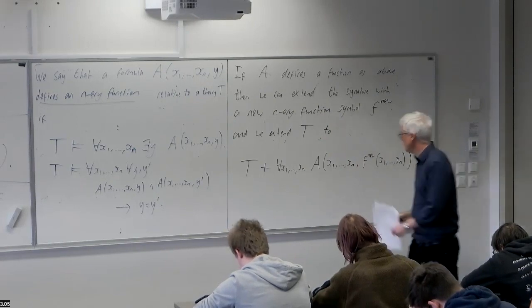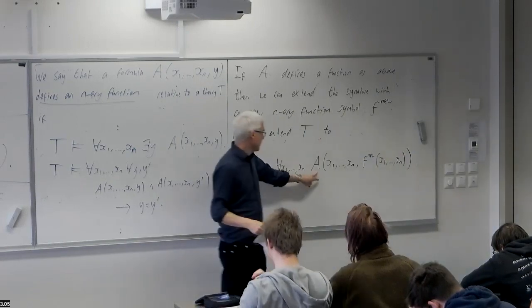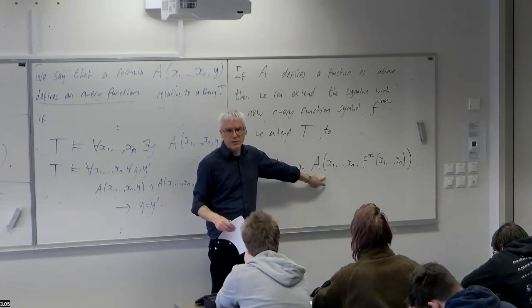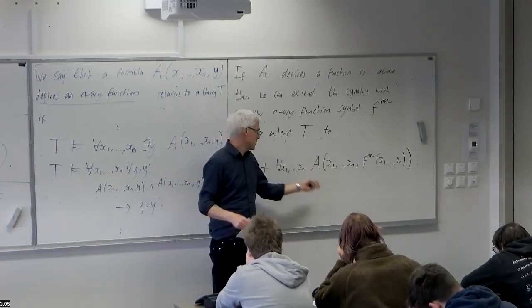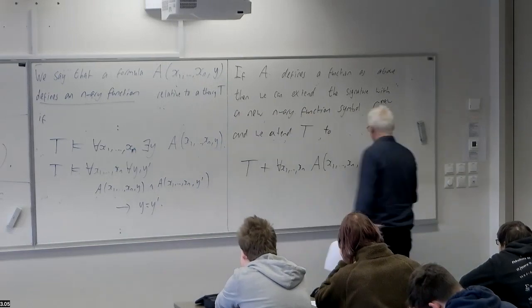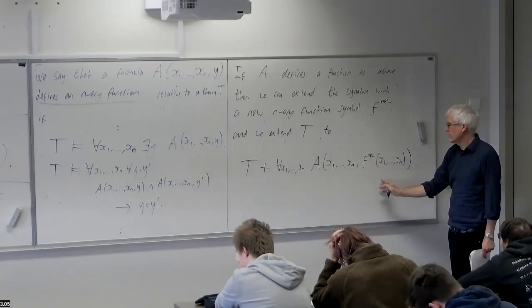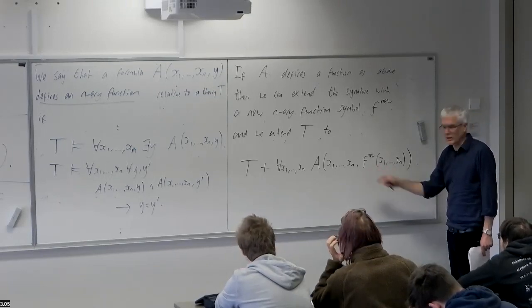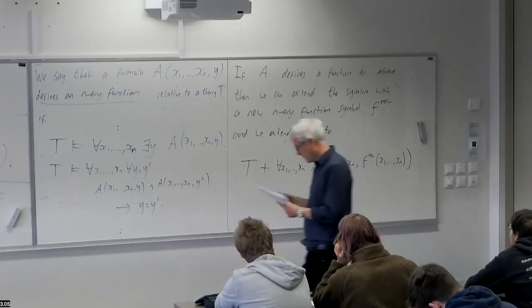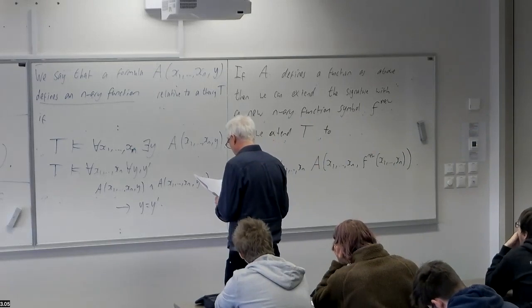That's all you need to say, because we're assuming that the relation A is already known to be functional, and that's all the information we need to give to say that f new is expressing that function, is that indeed f new satisfies the relation with respect to x1 through to xn.